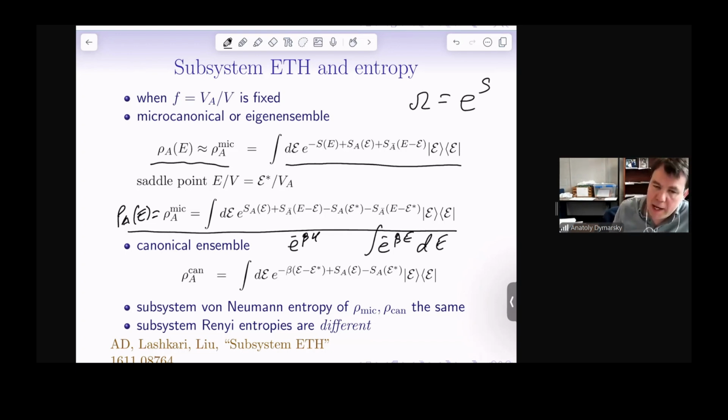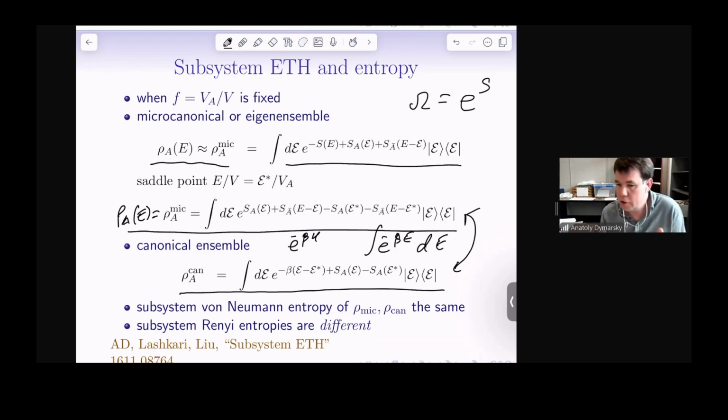So if you do that and use the saddle point approximation, the resulting formula for the reduced density matrix of a canonical ensemble will be slightly different. So these two formulas are different. And that's the whole point: if you have a full system in the microcanonical or in the canonical ensemble, the reduced density matrix will be different.